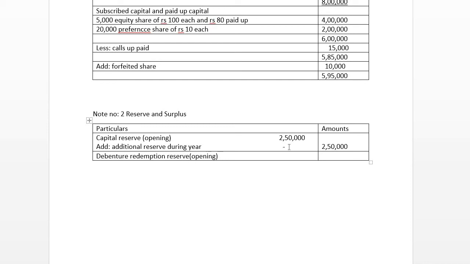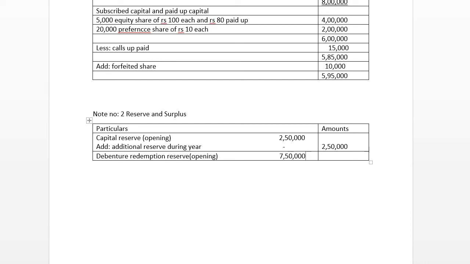Debenture redemption reserve is a reserve where the company is going to redeem the debentures which have been issued to the debenture holders. They have an interest to protect the interest of the investors, that too of debenture holders. That's why we are going to redeem some of the debentures in the company. Assume that the amount of redemption reserve is 7,50,000.